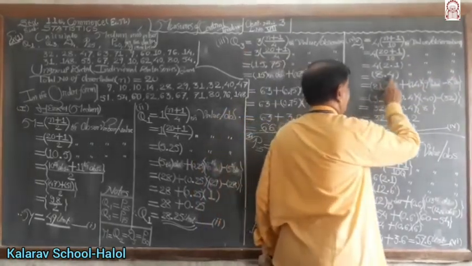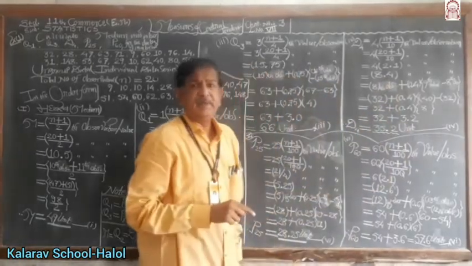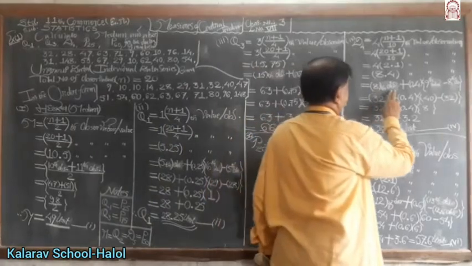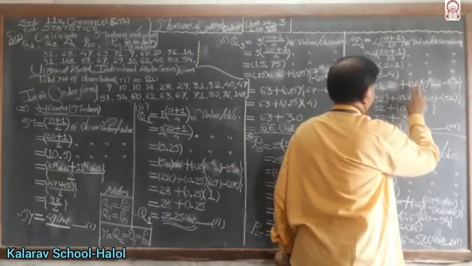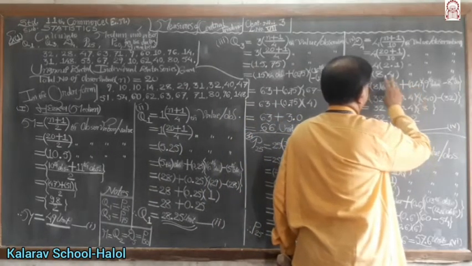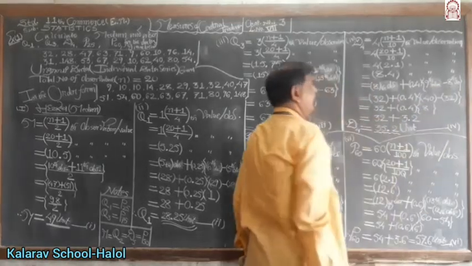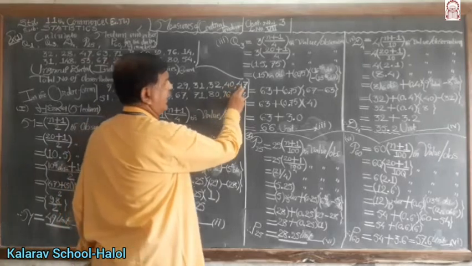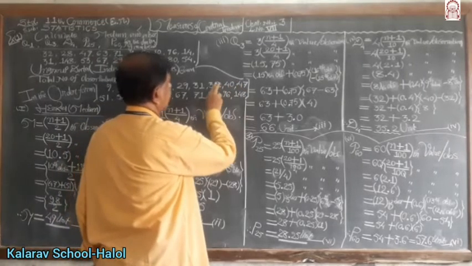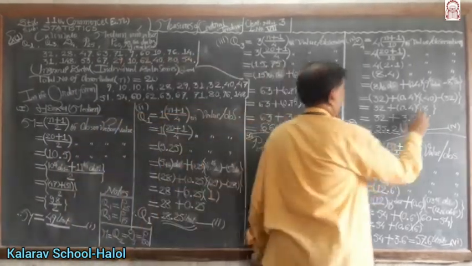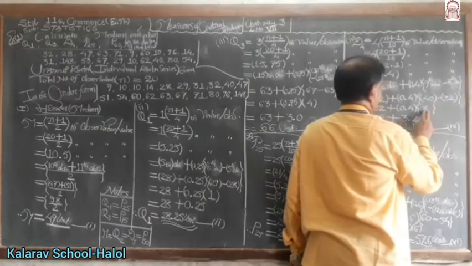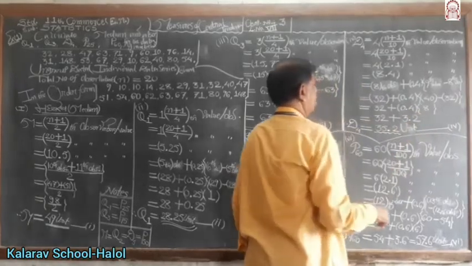In 8.4, the integer part is 8, meaning the 8th observation, plus the fractional part 0.4 times the 9th value minus the 8th value. The 9th value is 40 and the 8th value is 32. 40 minus 32, the difference of these quantities is 8, 8 into 0.4 is 3.2.